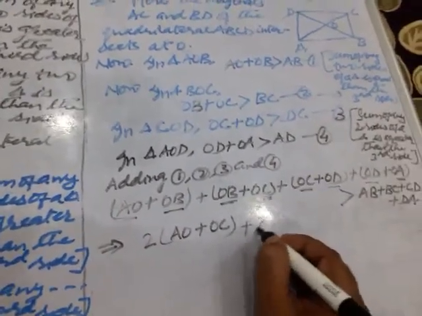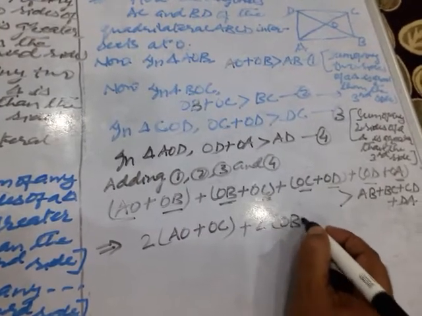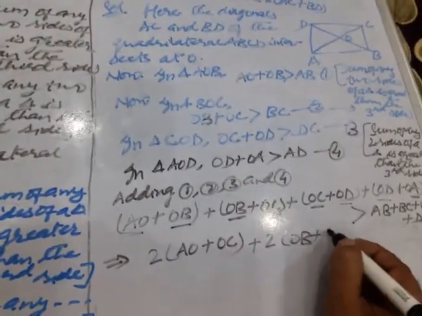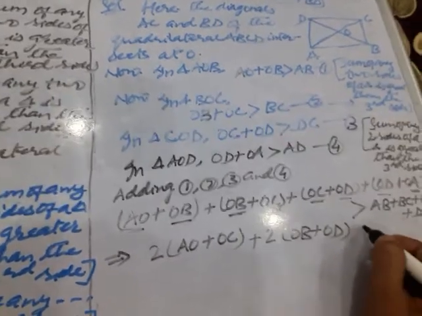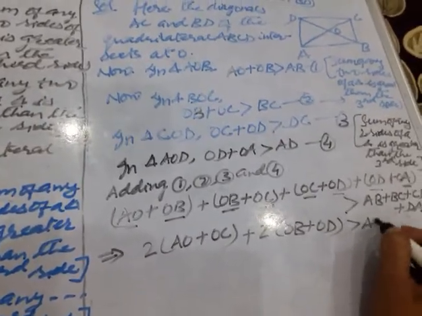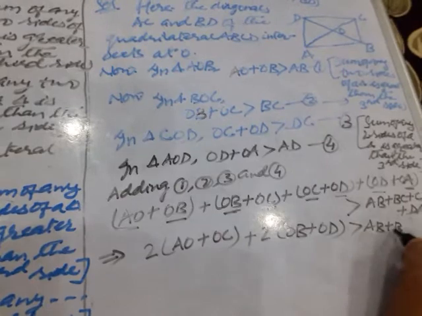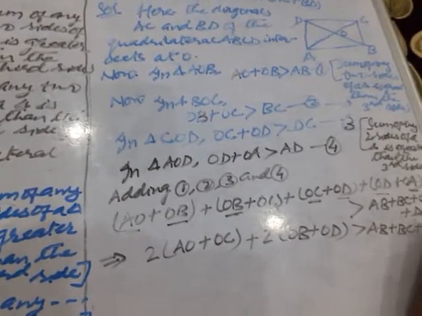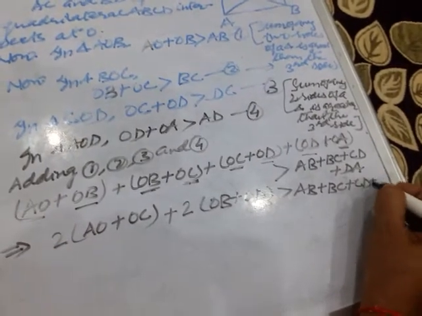This implies 2 into OB plus OD. Okay children? This is greater than AB plus BC plus CD plus DA.